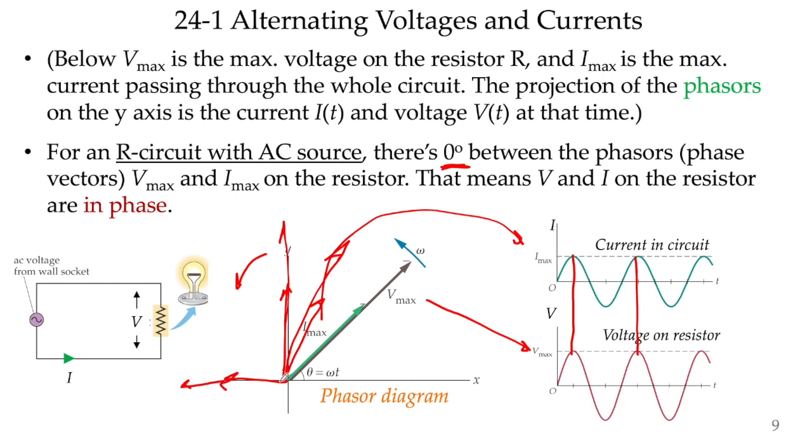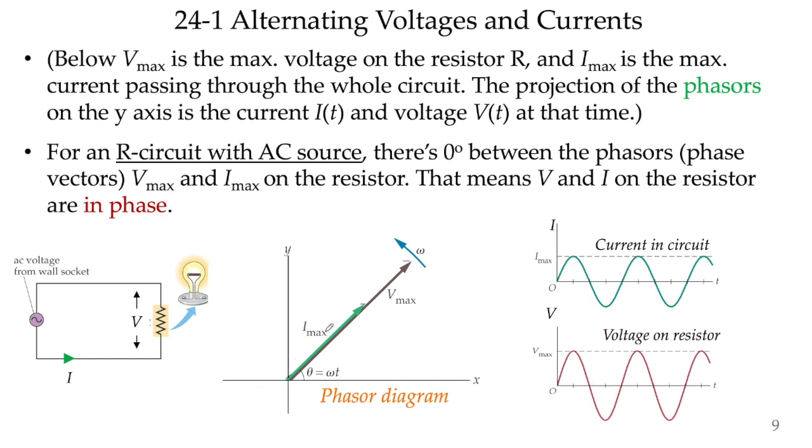Here, the y component is 0, right? This corresponds to this point. And then when they point down, it corresponds to this minimum of both sine waves, the voltage and the current. But the point here is there is 0 degrees between the current and the voltage on the resistor.